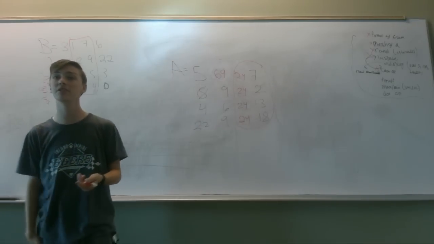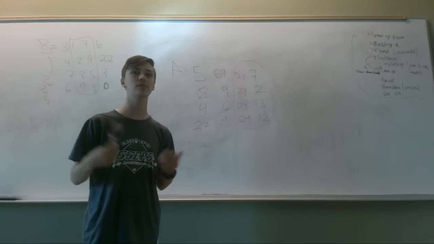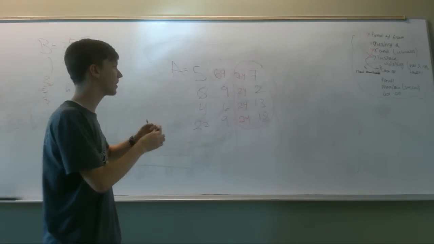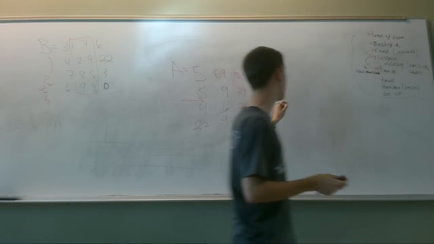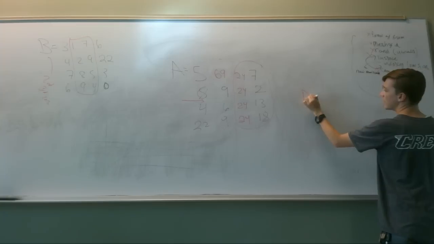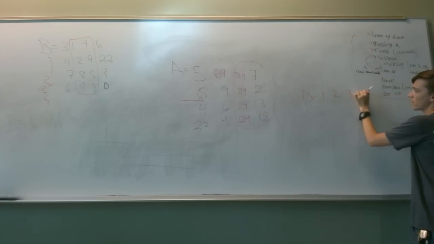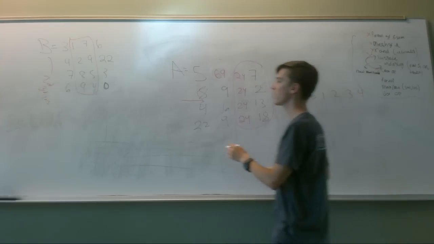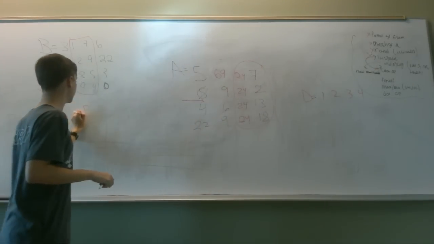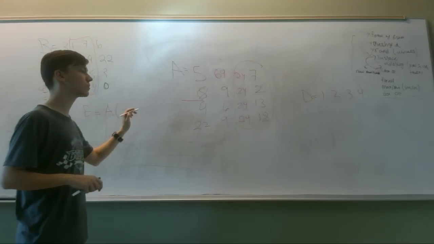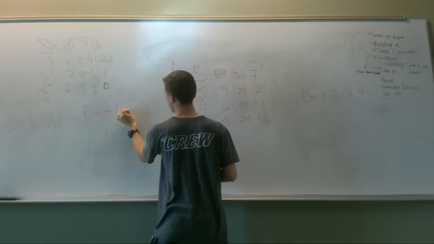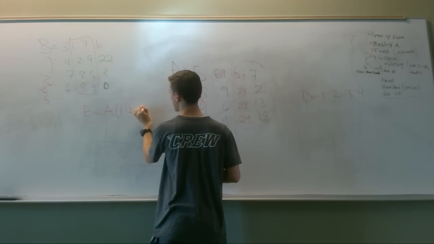So what you have to do in this instance is break this matrix apart. Let's say we want to add something right into here. Let's say we have a value called D, and it's going to be 1, 2, 3, and 4. Then you want to make a matrix, maybe call it A, and it's going to be A of rows 1 to 2, so 1 colon 2, and then all columns.